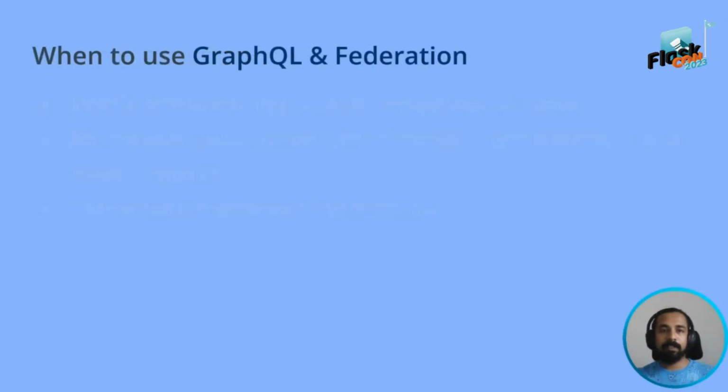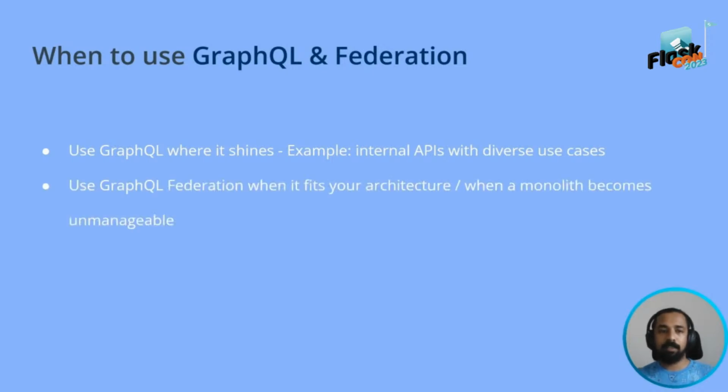The next question is when to use GraphQL and Federation. GraphQL should be used where it shines. For example, GraphQL does its best when it's used for internal APIs with diverse use cases, that is, when there are multiple clients like internal services, mobile applications, web applications and all. Also, we should move to GraphQL Federation when it fits our architecture.